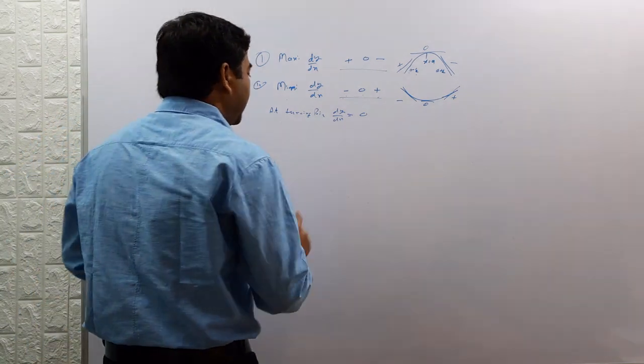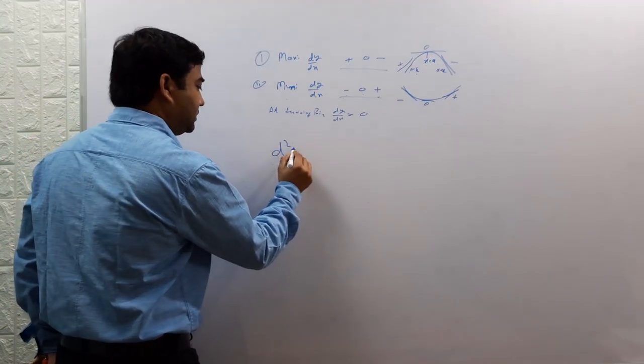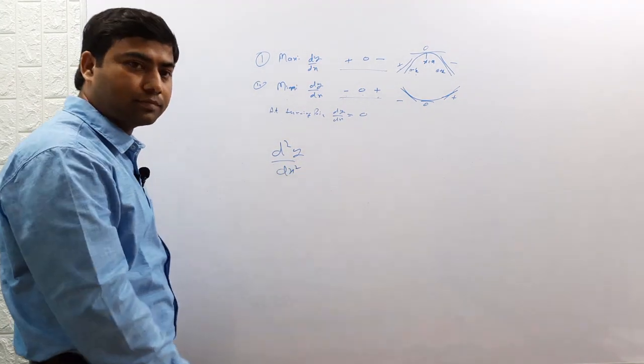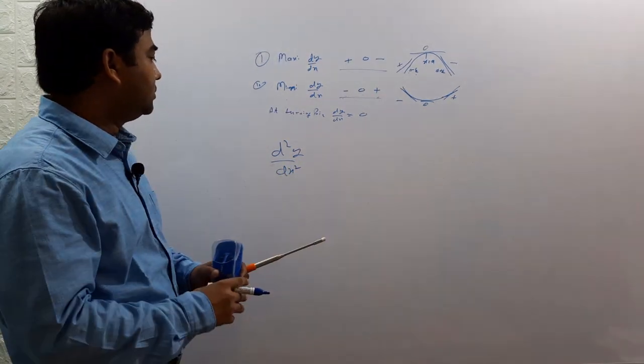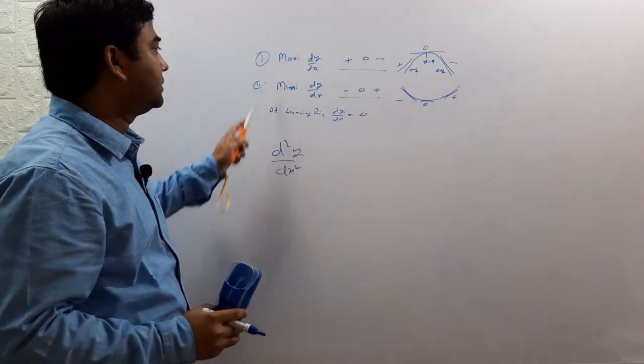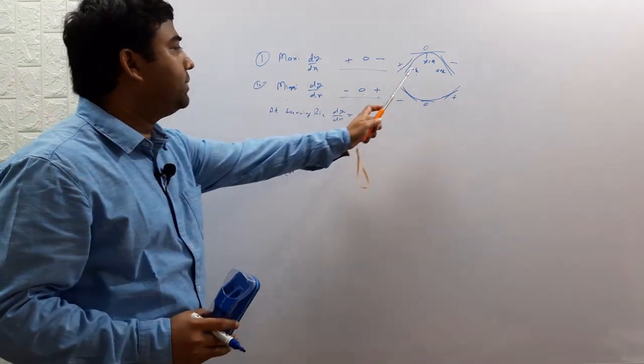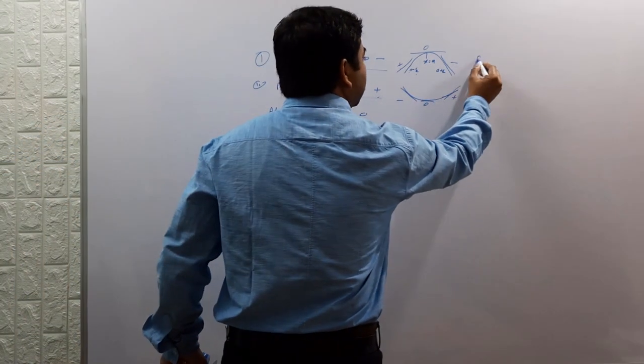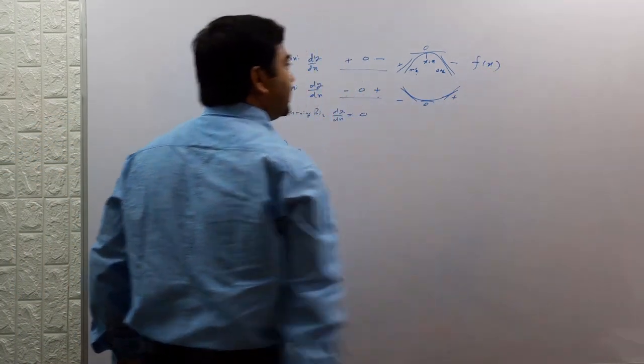So another method is the second derivative test. d2y over dx2 is called the second derivative. Just observe one thing here. For a maxima, this is the actual function.